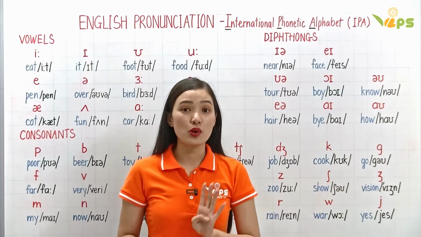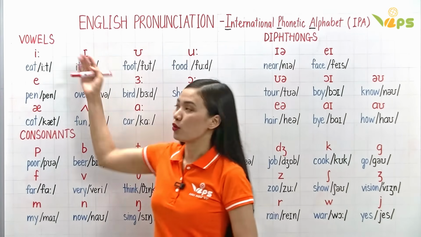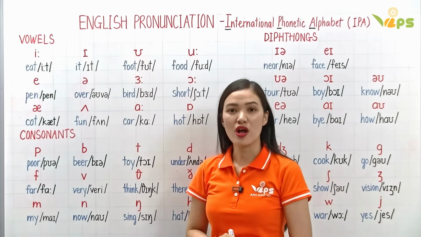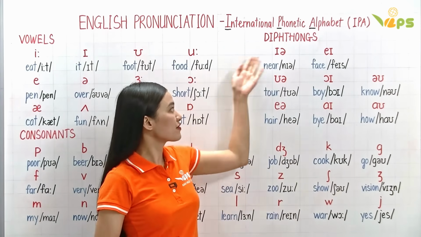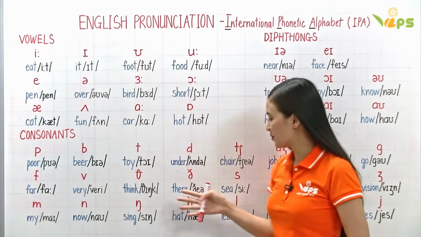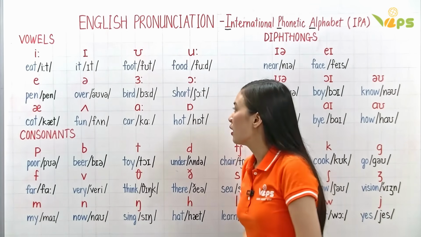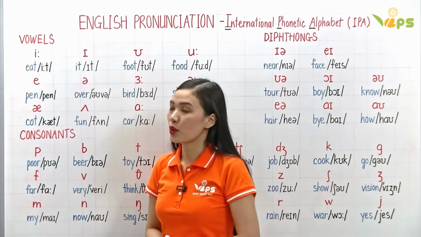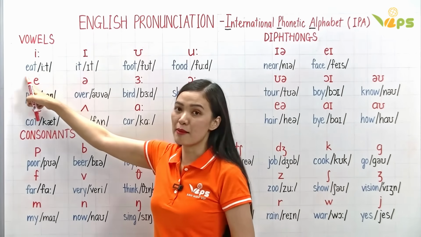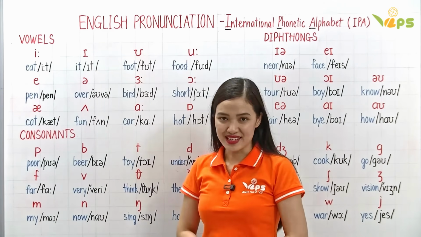Now, there are 44 sounds in IPA: the vowels, 12 sounds, diphthongs, 8 sounds, and the consonants, a lot, 24 sounds. As you can see, for each sound, I have the example and its pronunciation below for you to practice. So let's get started.